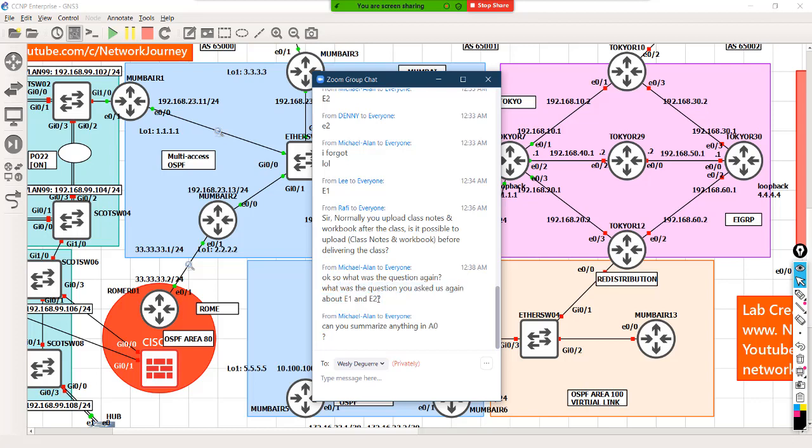I was asking if it's going to take E1 or E2. Which one is it going to take? I'm not sure what you mean by this. Can you summarize anything in area 0?